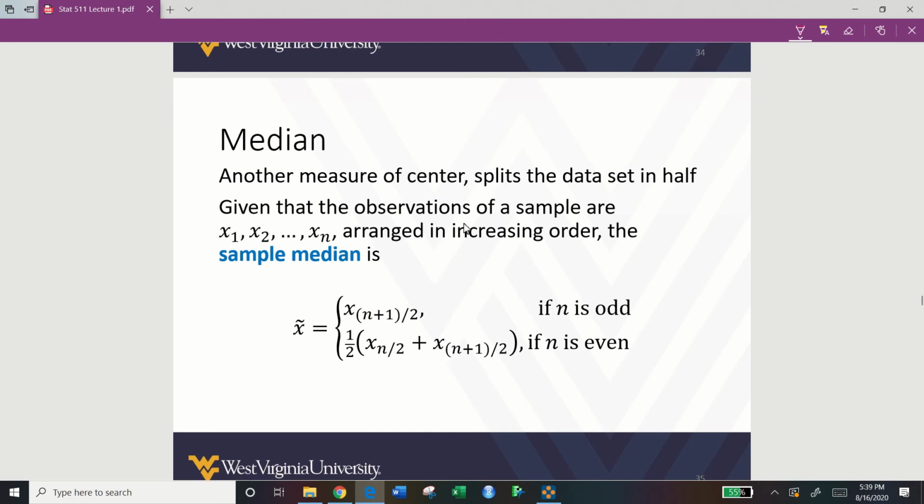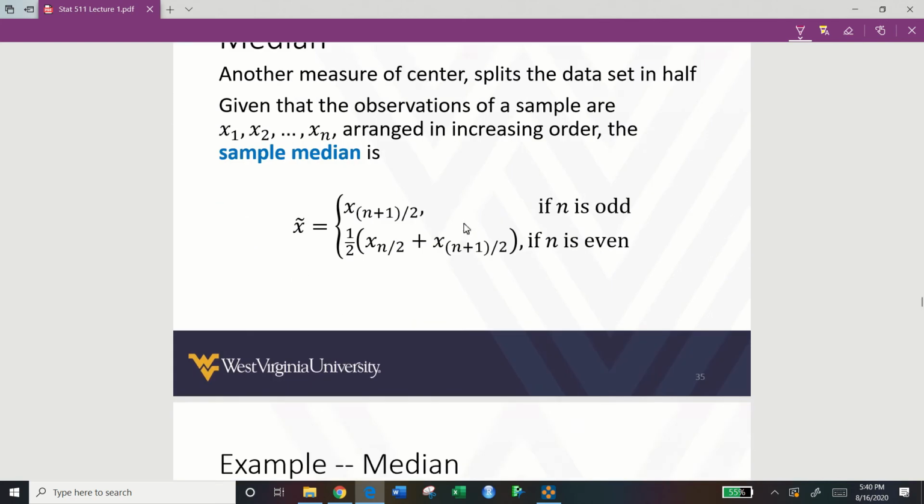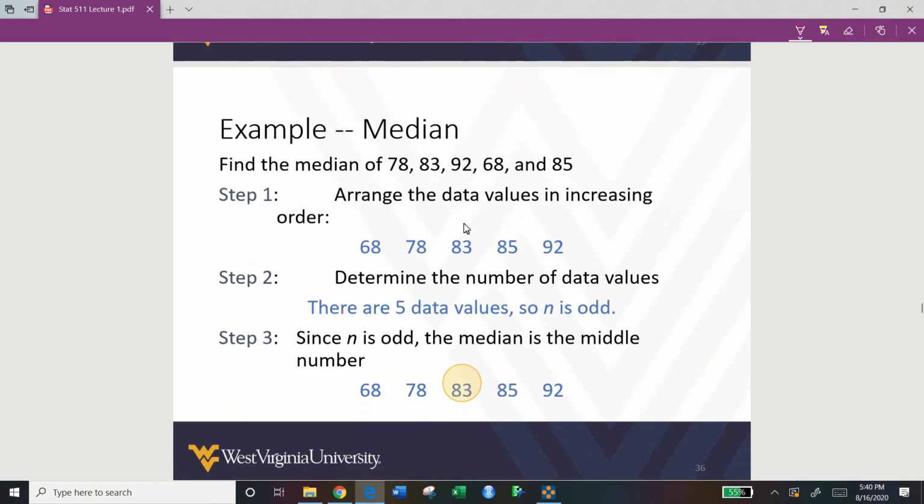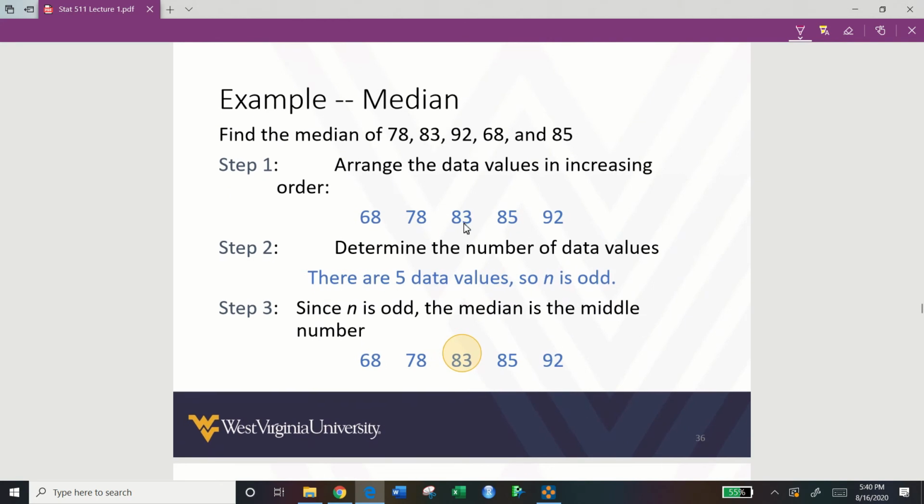If we have an odd number of data, then after organizing our data in increasing order, it's the value directly in the center. If we have an even number of data, then we have to take the average of our two middle data observations. So, quick example.